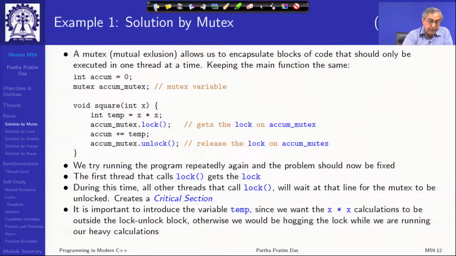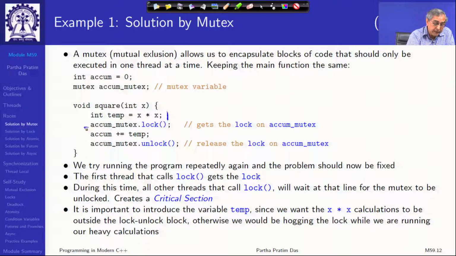That simply means that even though square is running on multiple threads, this part of the function square, which is computing the square, and of course we will put that random delay to make it a heavy task, will be done in concurrent fashion. All threads can do it at the same time, at different times, and so on.